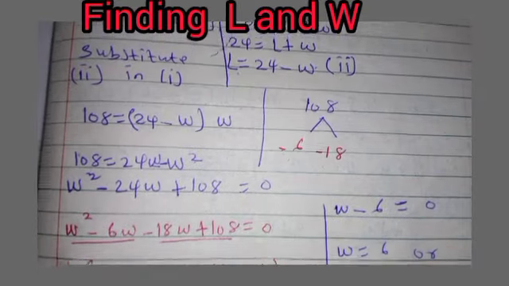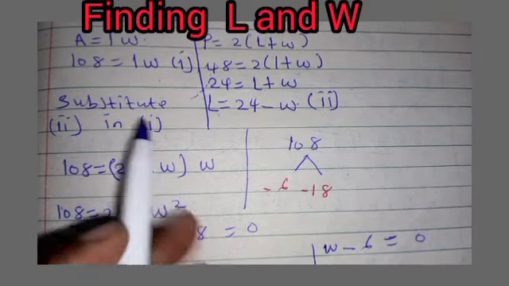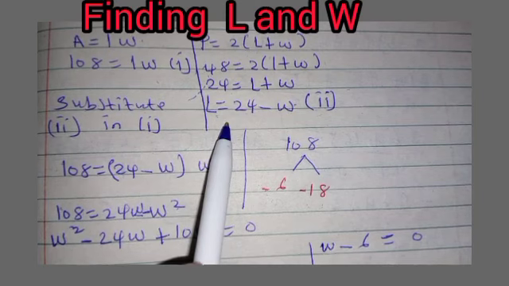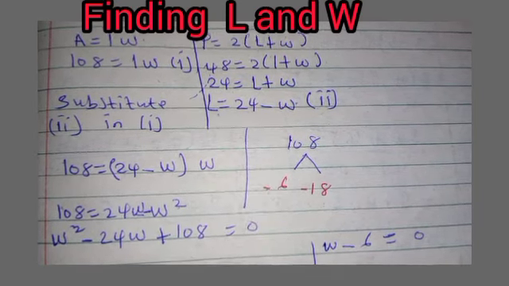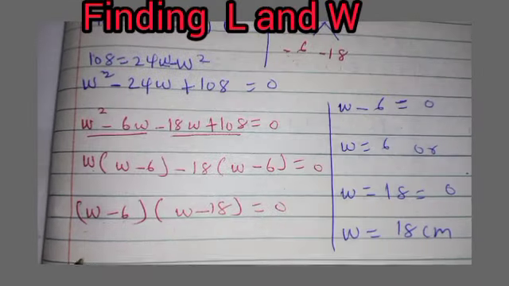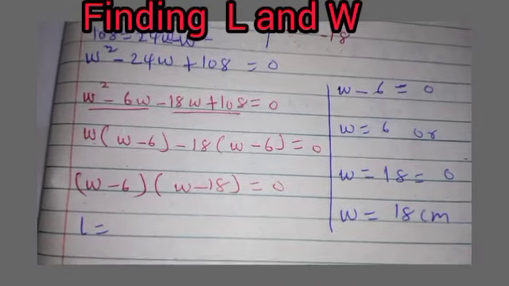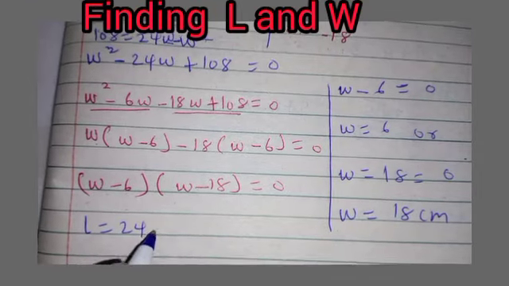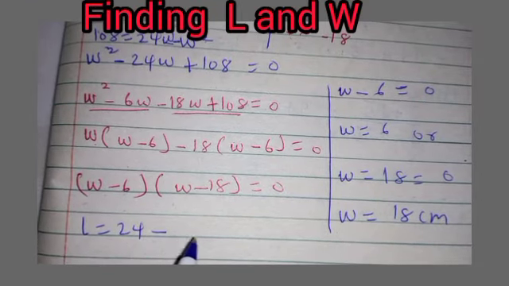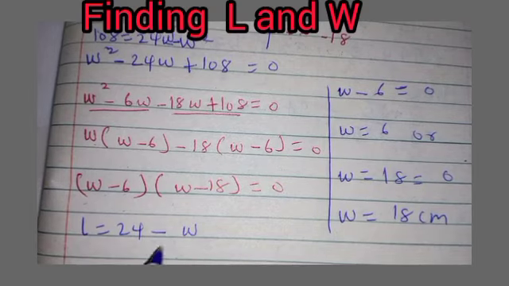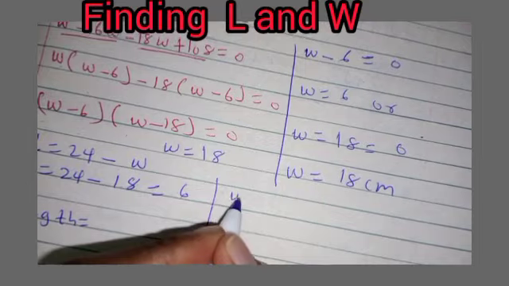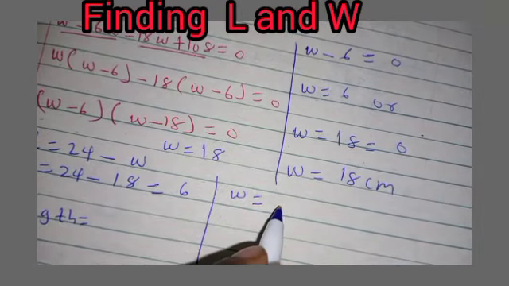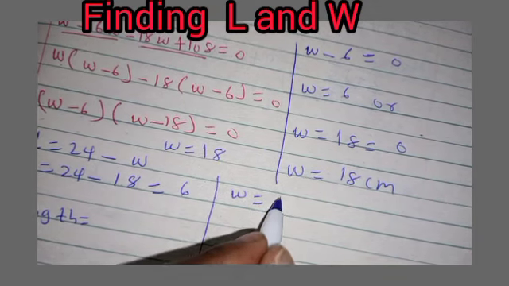So we come to where we have written that length is equal to 24 minus W. So we have found that W is equal to 6.